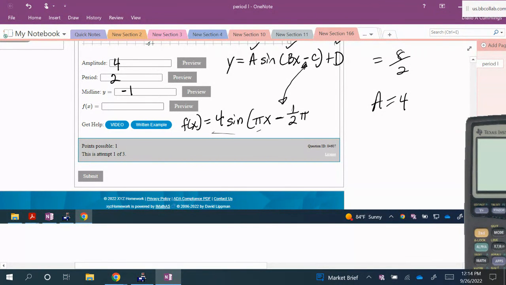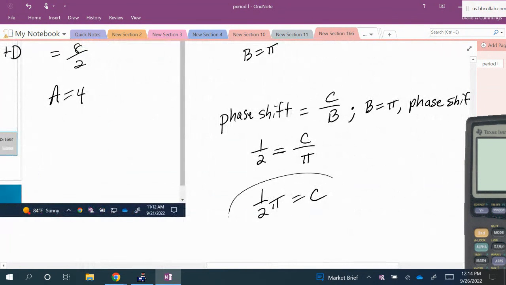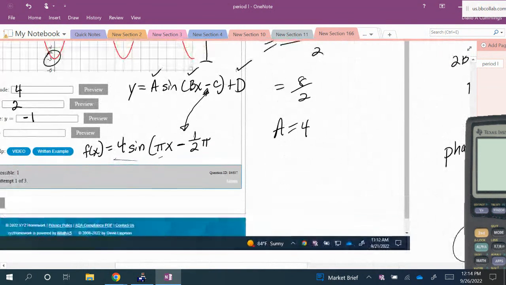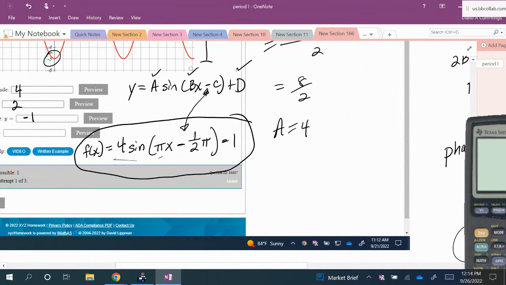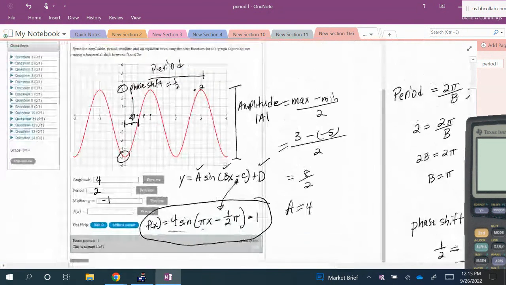So that has to be a minus, even though when we calculate it, we got a positive 1/2 pi. Our formula makes it negative, minus 1. All right, so this is the formula for this graph.